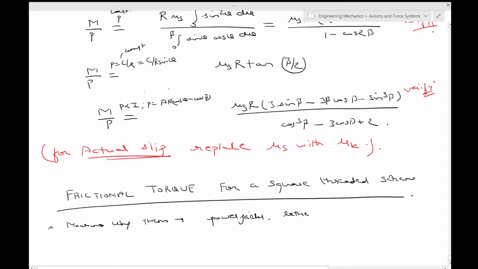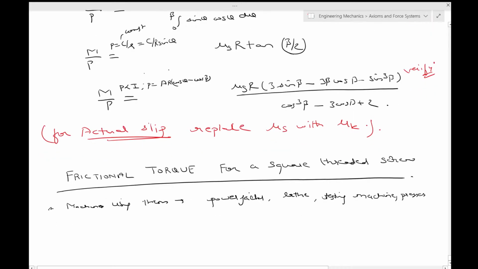Also the testing machine used to measure the tensile or compressive strength of solids, and even presses. It's a very important machine element, and hence we are trying to study the frictional torque in this case, using the knowledge which we have over here.